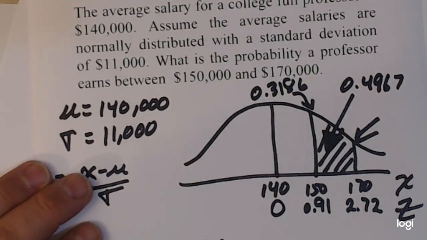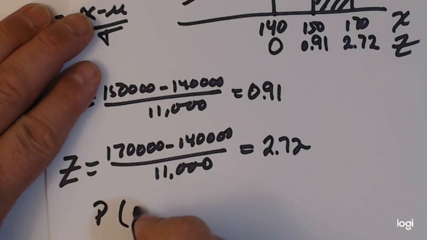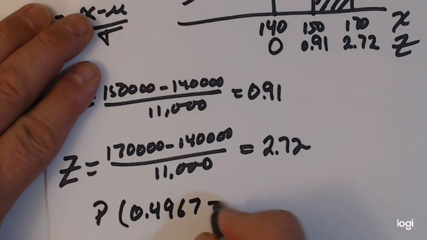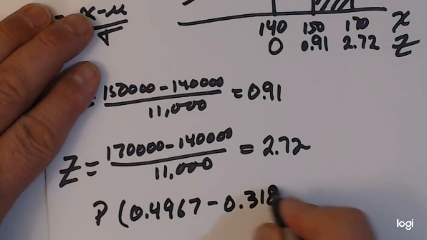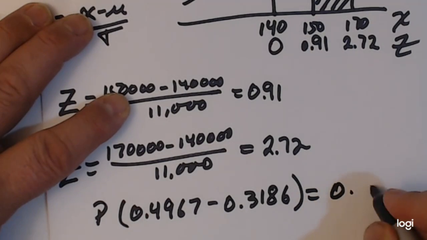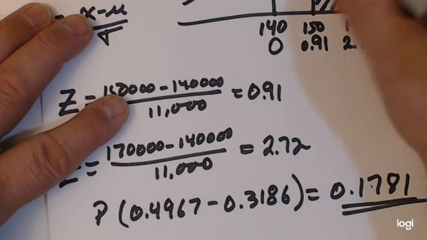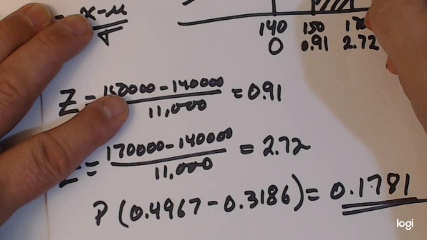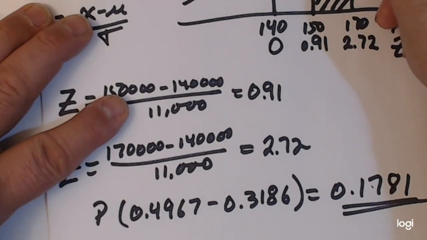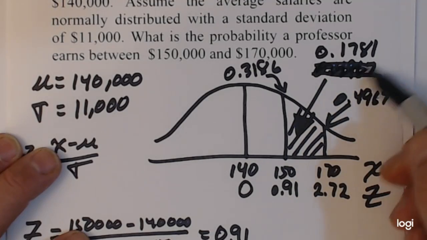So what we're going to do is take the probability as 0.4967 less 0.3186, and that's going to give us 0.1781. All right, so I made a little faux pas here.